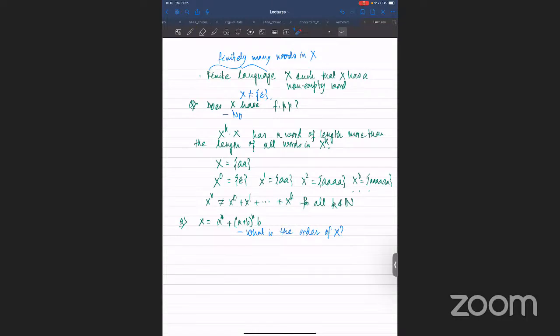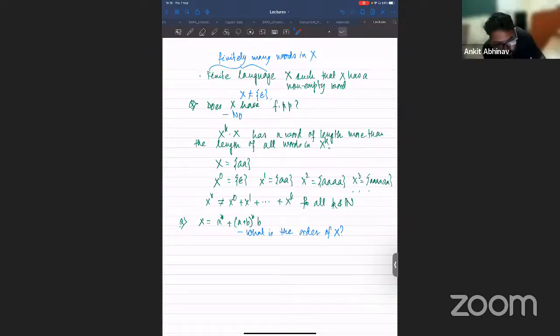What is the order of X? 2. So Ankit, what is the order of this? I'm not able to find the order, sir.